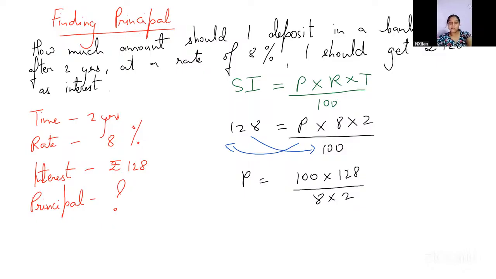Find out the answer and tell me. 100 into 128 divided by 8 into 2. 2 ones are 2, 2 sixes are 12 and 4s are 8. 8 ones are 8, 8 eights are 64. P is equal to 100 into 8. Principal is equal to rupees 800. Understood?